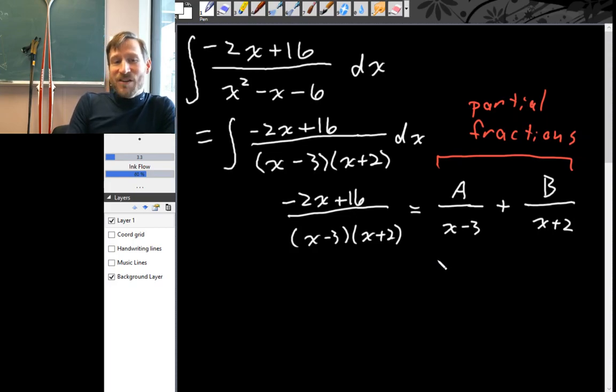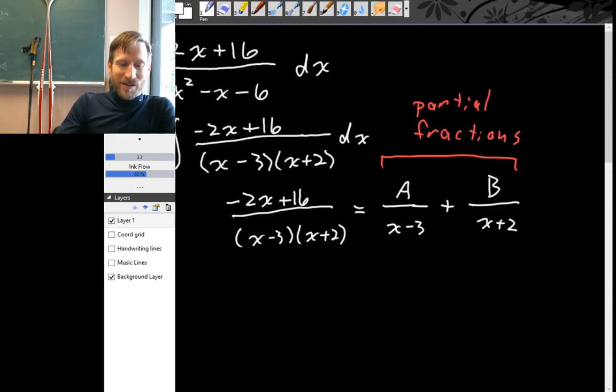If we can find A and B, then we can turn our integrand into this sum of fractions, and we can integrate each piece, because each piece is simpler. So all we need to do is figure out what A and B are.